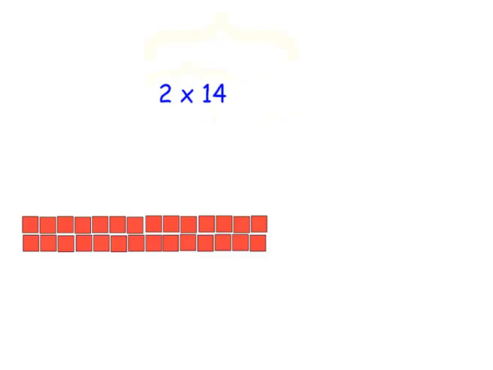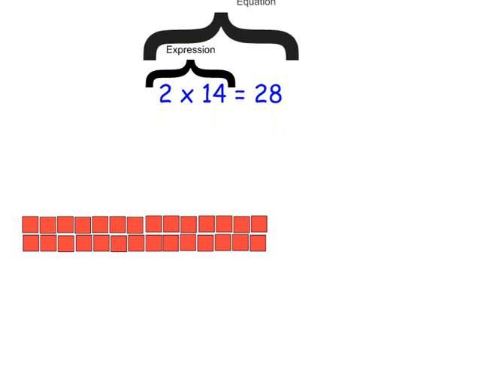Moving ahead. New concepts. Before we look at new concepts, of course, we still have to revise some of the old stuff. When you have 2 and 14, this is, of course, an expression. As soon as we add an equal sign, it becomes an equation. The expression for this equation is 2 times 14. So this is a multiplying equation.